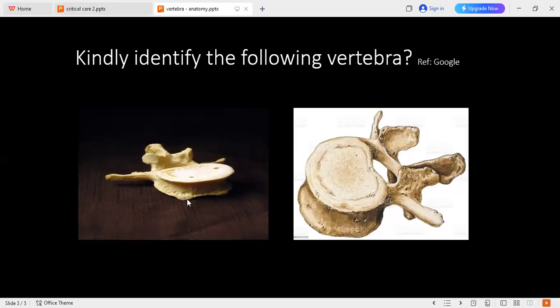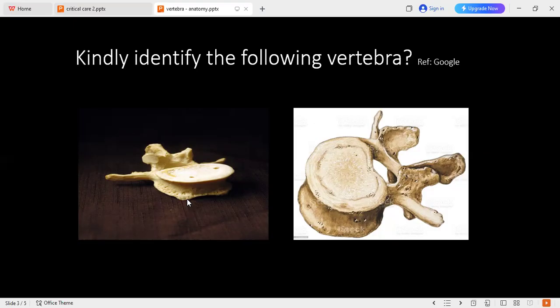The right is lumbar, the left is thoracic. Okay, how many thoracic vertebrae are there? Thoracic is 12. And what about the lumbar? Lumbar 5.